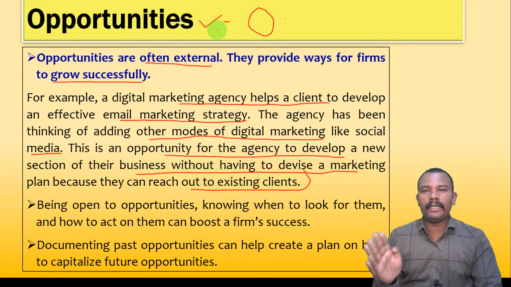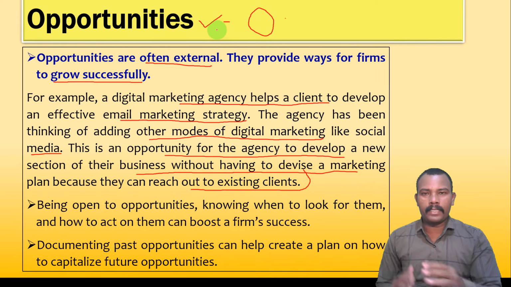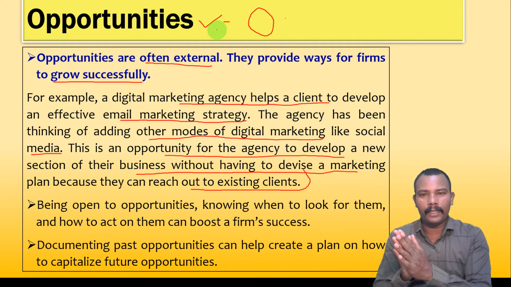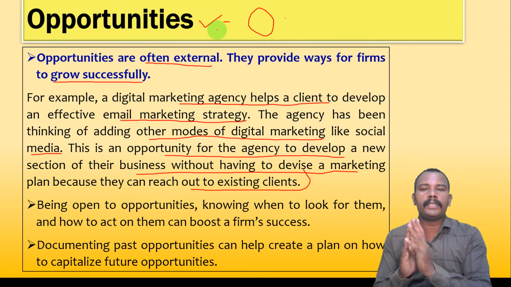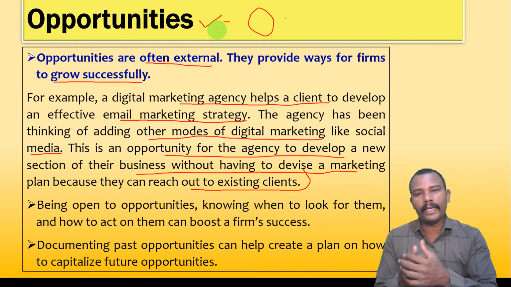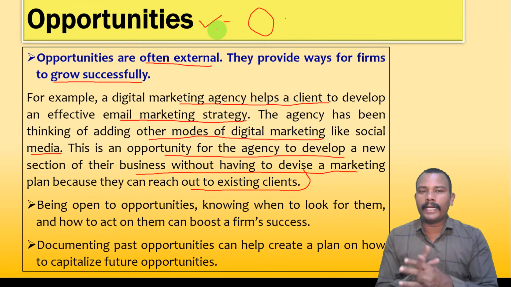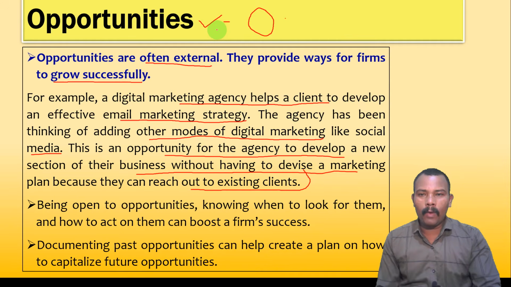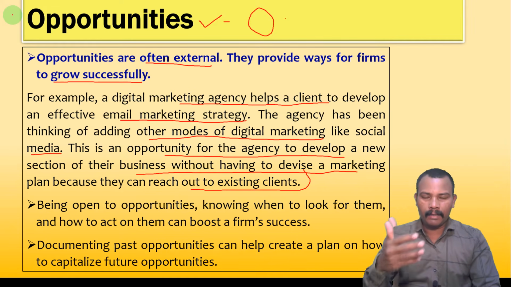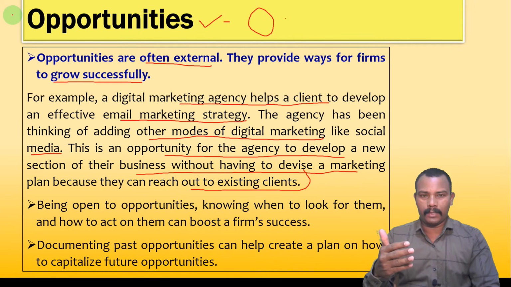There is a digital marketing agency. Suppose there is a product of your company, and you are doing marketing with the help of a digital marketing agency. There are different agencies that do such digital marketing, and they have an effective email marketing strategy. So they are sending emails to the customers or the clients.